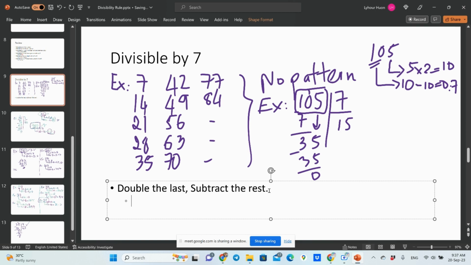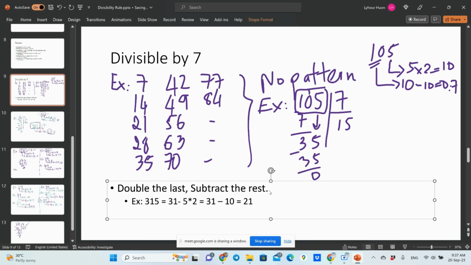For example, with 315, it's 31 minus 5 times 2, which equals 31 minus 10, which is 21.